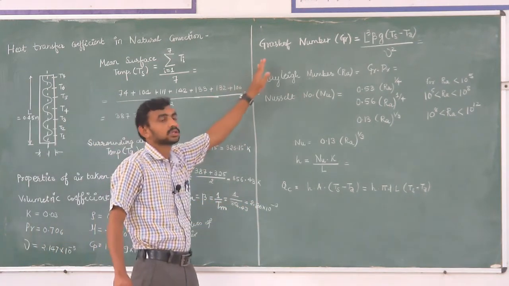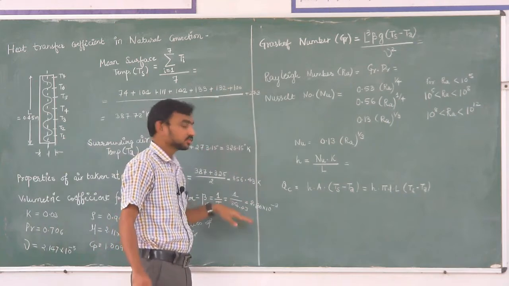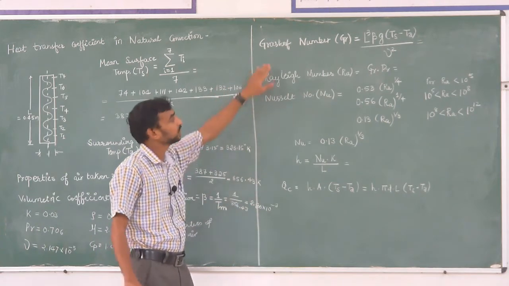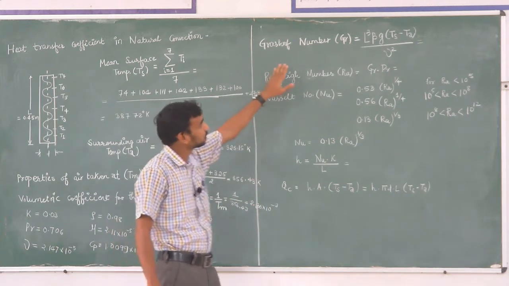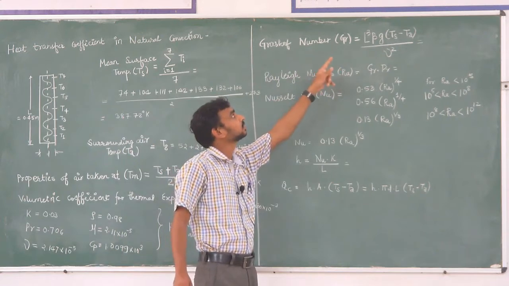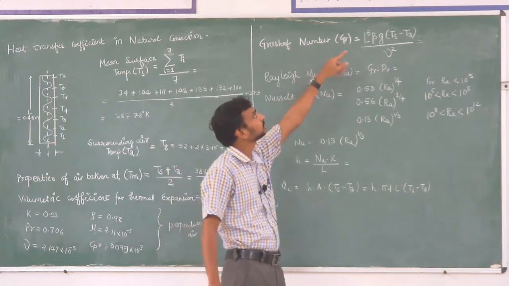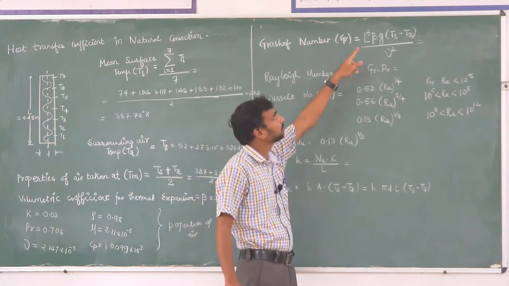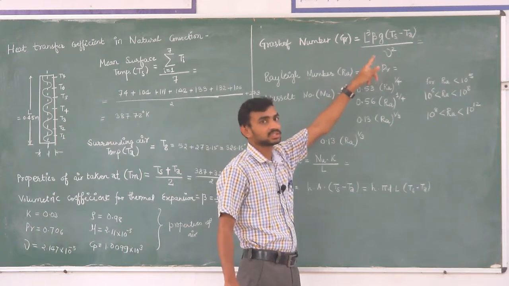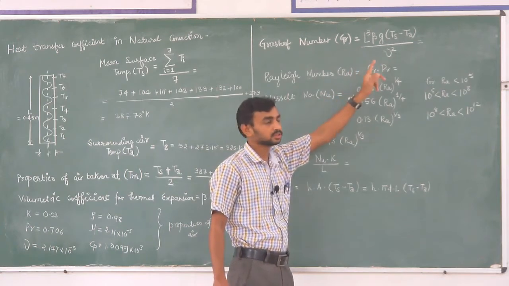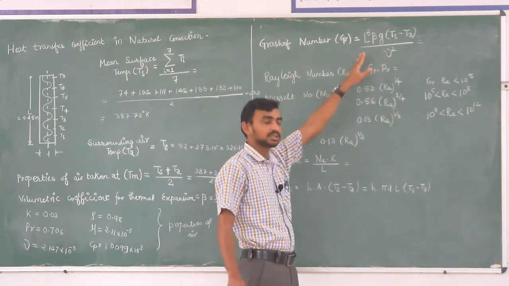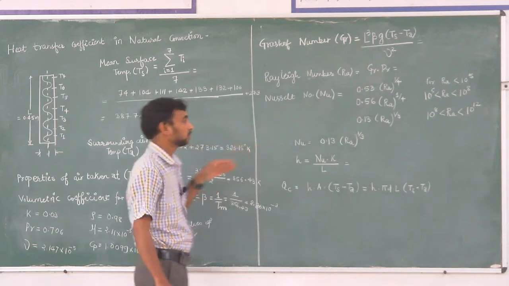Then why are we calculating beta? To find out the Grashof number. So, Grashof number is equal to L cube beta g, temperature difference divided by viscosity square. L is, in the present case, the length of the rod.